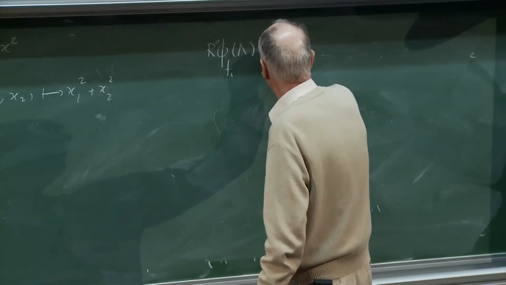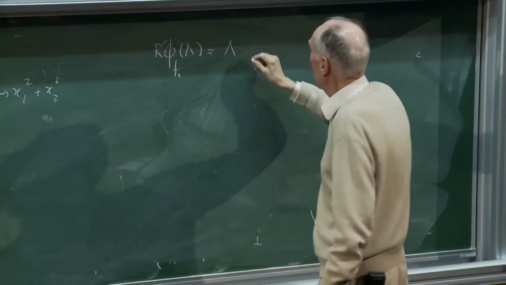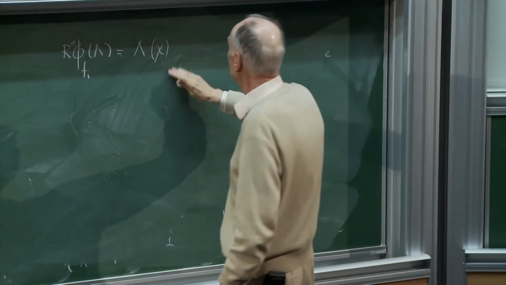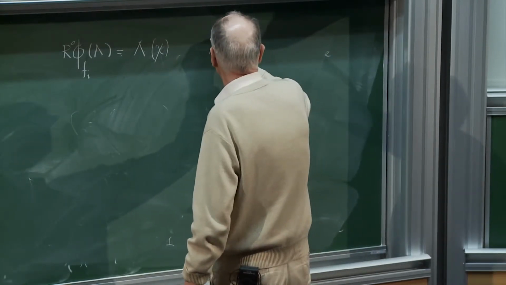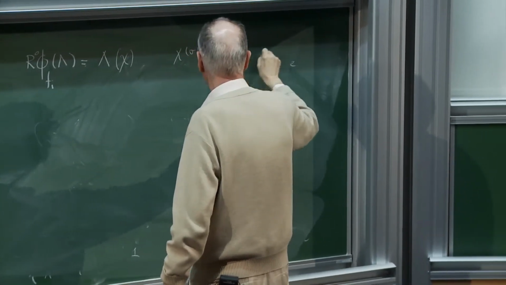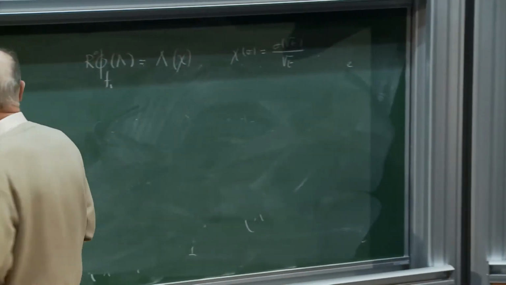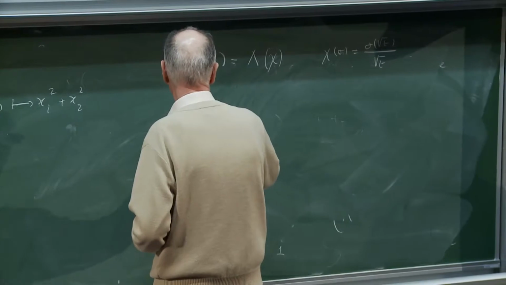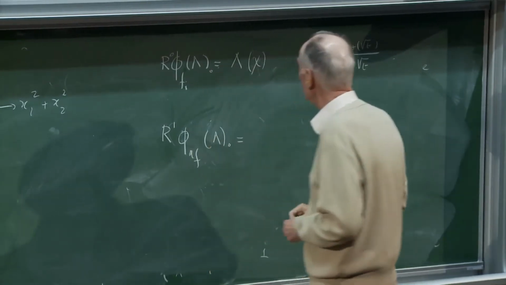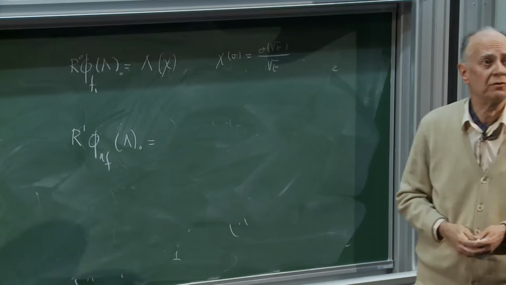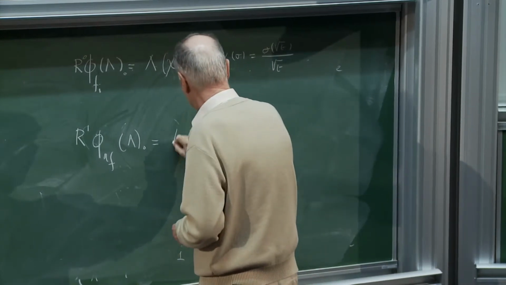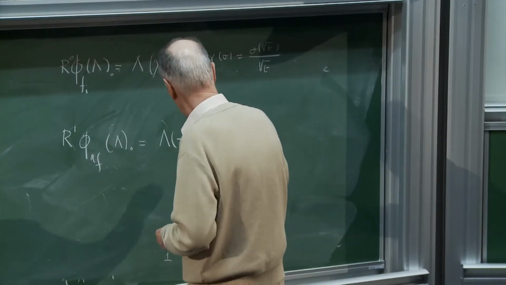For F_2 it is just lambda twisted by some tamely ramified character chi of the Galois group, which is defined by chi of sigma is sigma of the square root of t divided by the square root of t, with values in plus and minus 1, tamely ramified. While you get R^1Φ for AF, well, the inertia in fact acts trivially, but you get something arithmetically non-constant. You get lambda of minus 1, here this Tate twist.